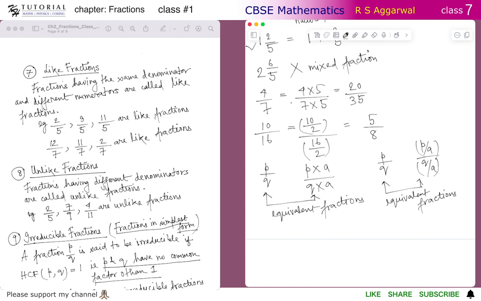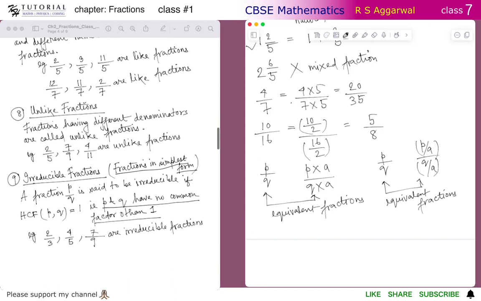For example, 2 by 5, 3 by 5, 11 by 5 are like fractions because all have the denominator 5, but the numerators are different. The numerators are 2, 3 and 11. Another example is 12 by 7, 11 by 7 and 2 by 7. Over here the denominators are the same, 7, and the numerators are different, like 12, 11 and 2.